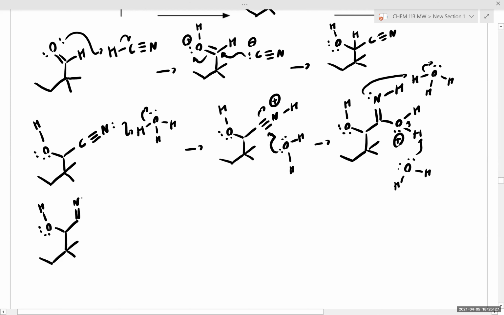We now have a pretty electrophilic carbon. So what's our next step? We still have water floating around, and we have this pretty electrophilic imine carbon. So what's going to happen next? So we have an electrophilic carbon and a nucleophilic equivalent of water.